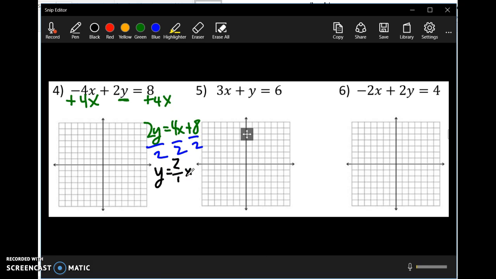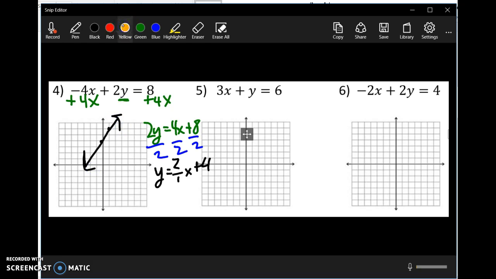And then 8 divided by 2 would be 4. And then I'd graph those points. So again, we'd start up here at 1, 2, 3, 4. I graph that point. And then this tells me to go up 1, 2, and over 1. And I'd graph that point right there. And then we just draw a line straight through it.